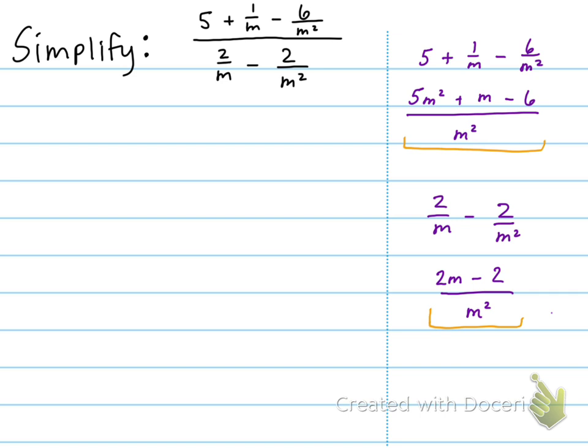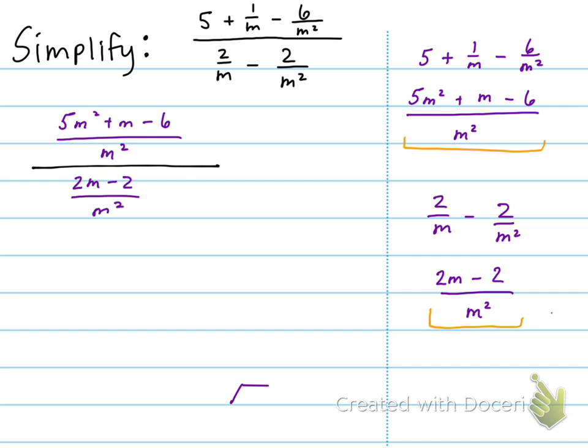So we have replacements. So my replacement's going to be 5m squared plus m minus 6, all divided by m squared. Now that's my first fraction. Dividing that with my second fraction, 2m minus 2 over m squared.